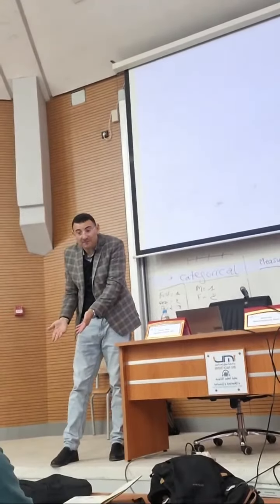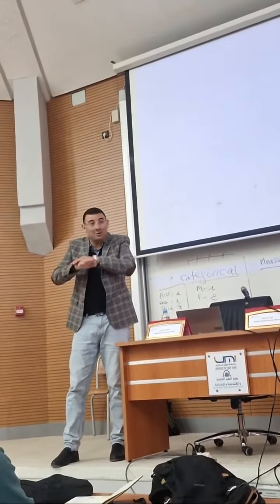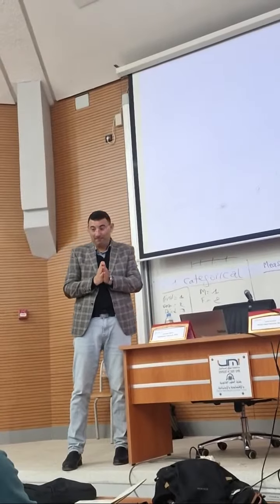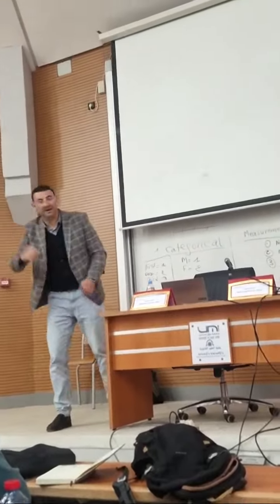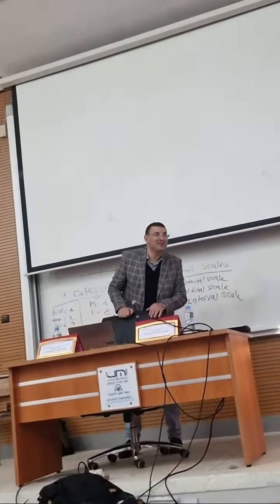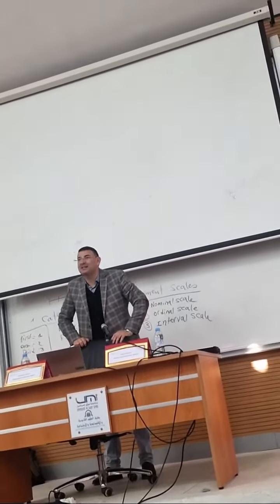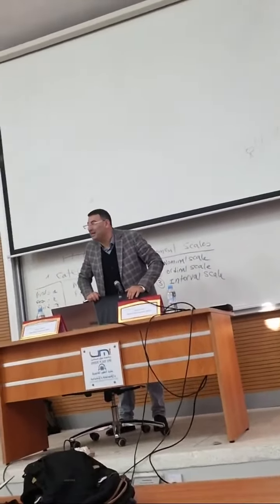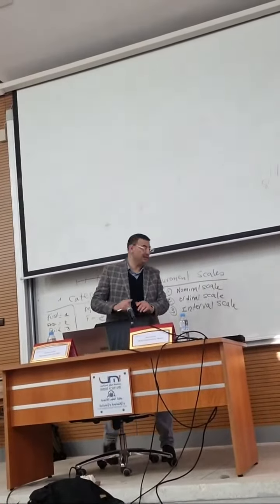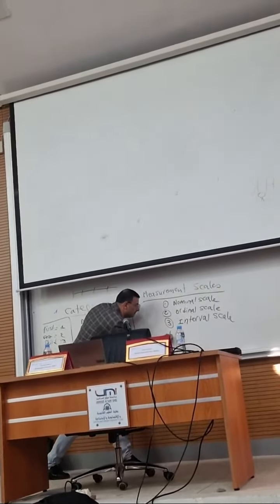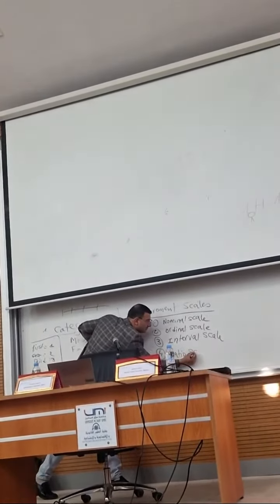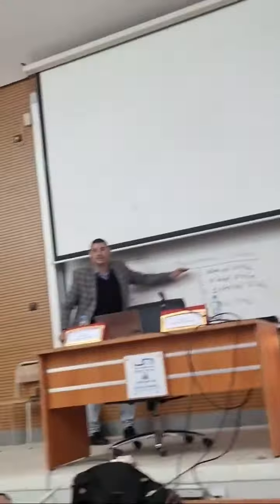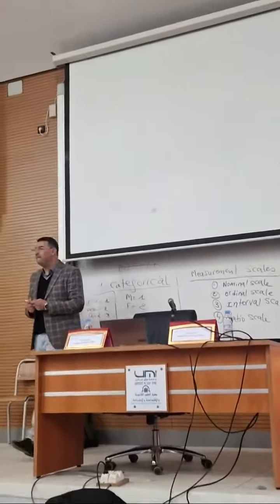Yes, there is something. But 0.00 is the total absence of weight. Right? So the variable where the 0 is a true 0 is referred to as a ratio scale. Ratio scale. Okay? Number 4. That's the last one. Ratio scale.